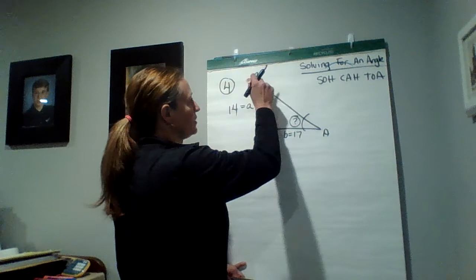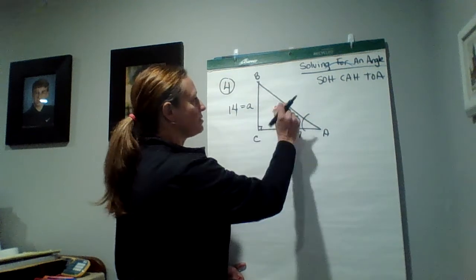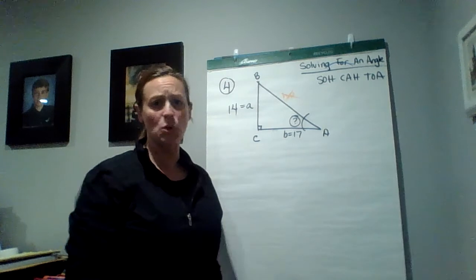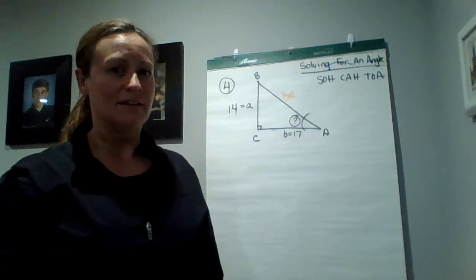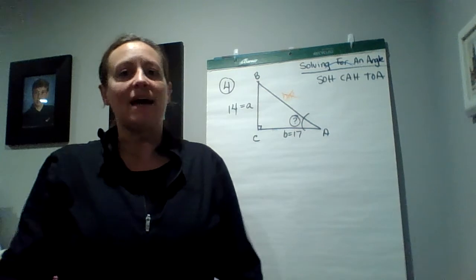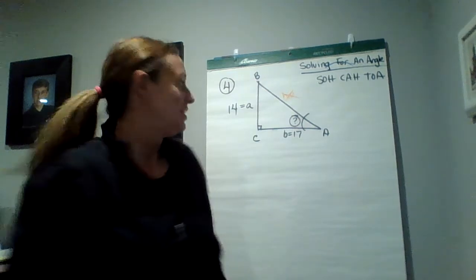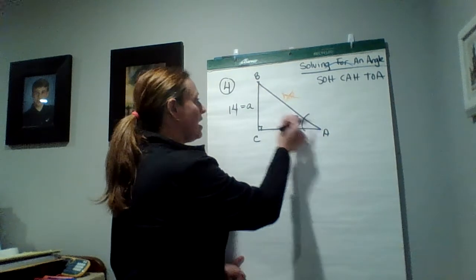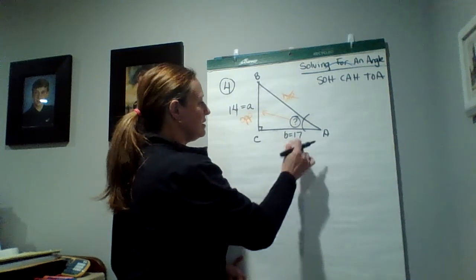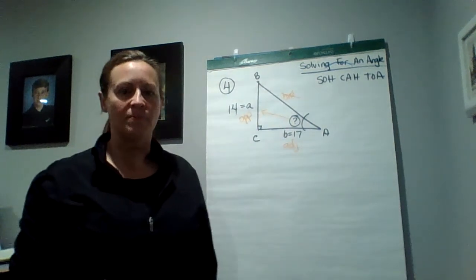This side, hopefully you recognize being across from the right angle, would be the hypotenuse, but we don't care about that. We haven't been told what the hypotenuse is, and we are not asked to find it. So it's not hypotenuse. We actually have the opposite side and the adjacent side that we know.